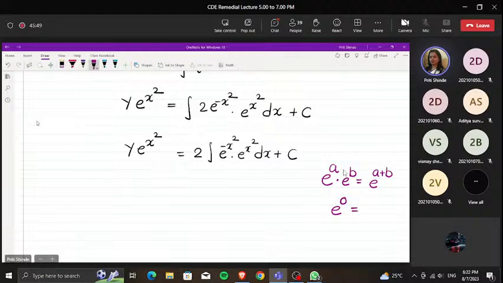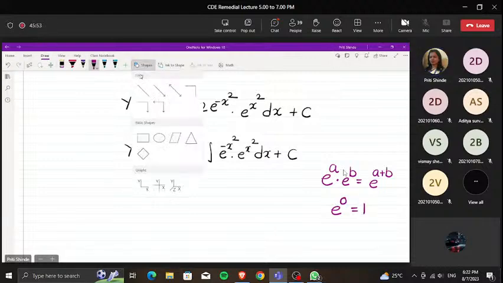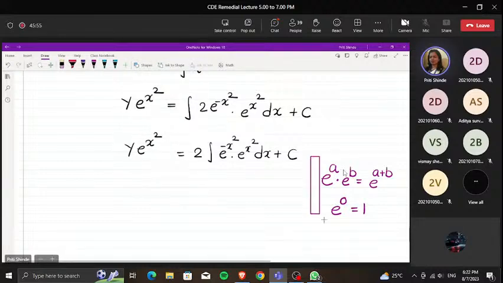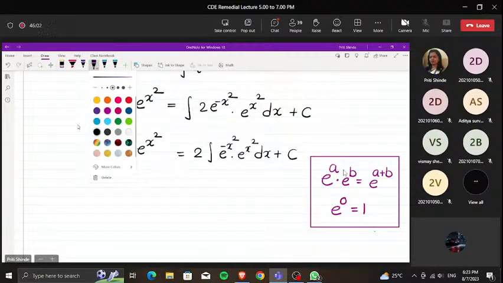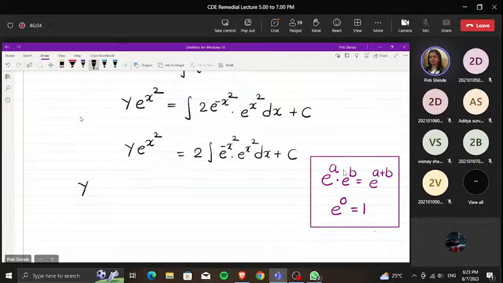Any non-zero number raised to 0 is always 1. So simplify and tell me what is the right hand side by using these properties. So y e raised to x square is 2 into e raised to minus x square, e raised to x square. So the base is same, so minus x square plus x square.